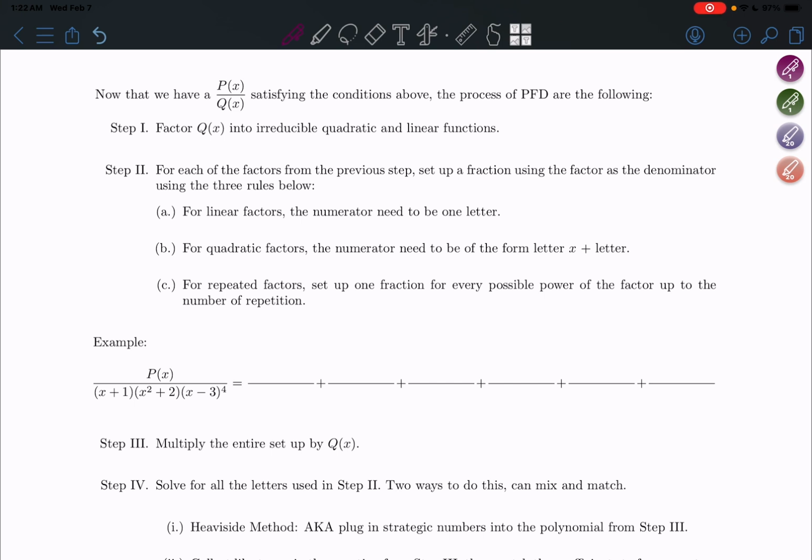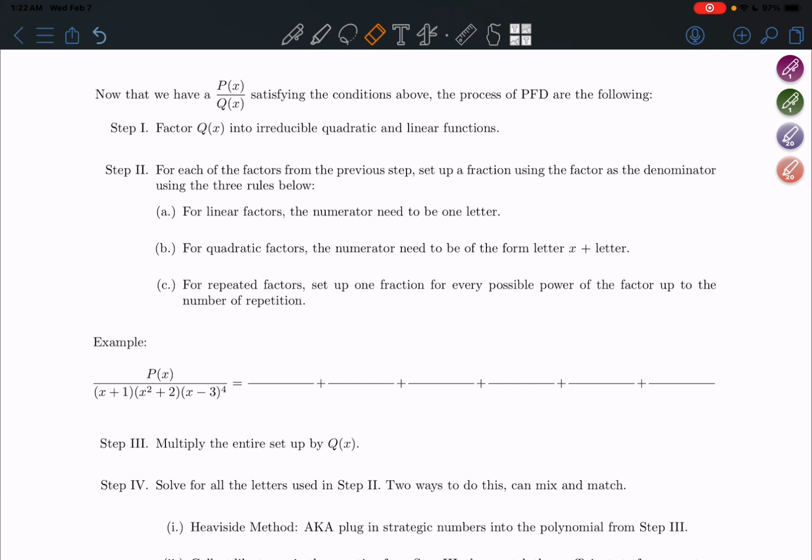Over here, I've got p of x equals whatever, I don't really care at this point, over x plus 1 times x squared plus 2 times x minus 3 to the fourth.